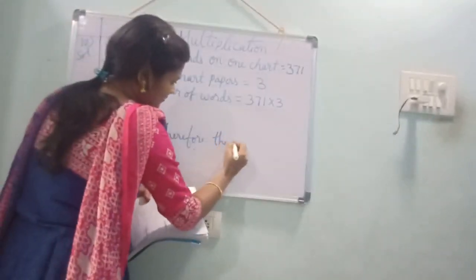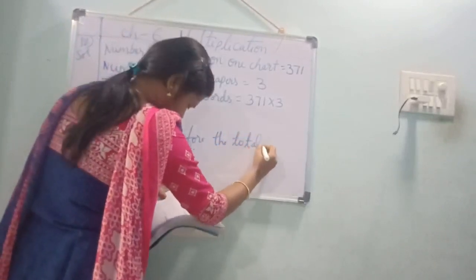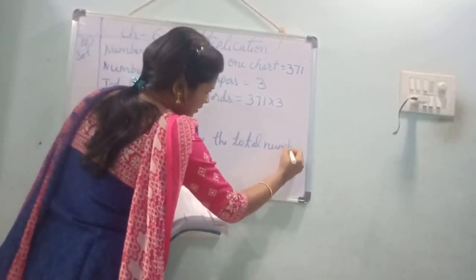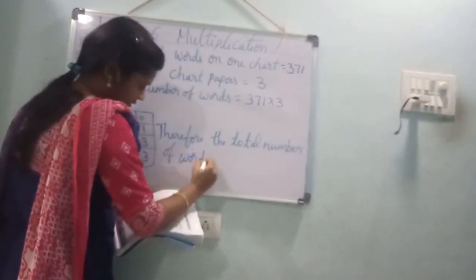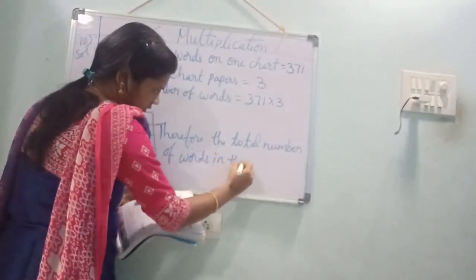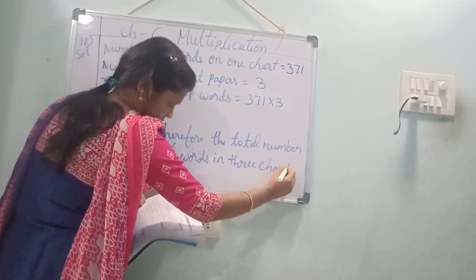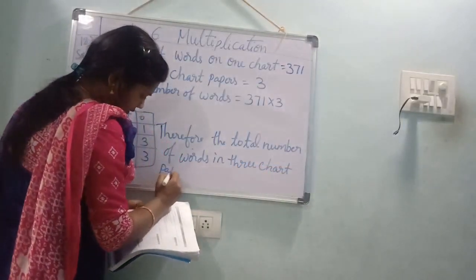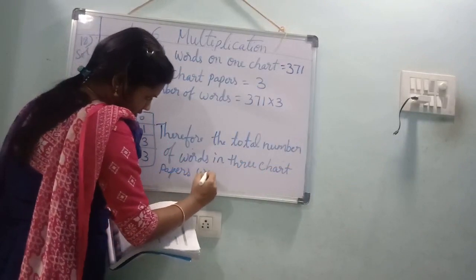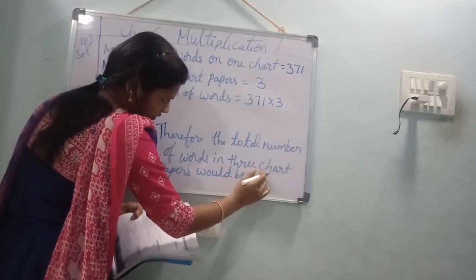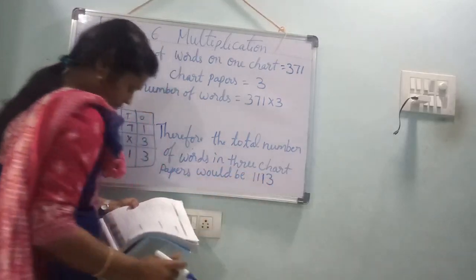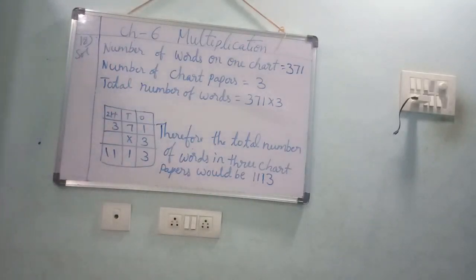Therefore, the total number of words in 3 chart papers would be 1113. Understood? Copy in the workbook.